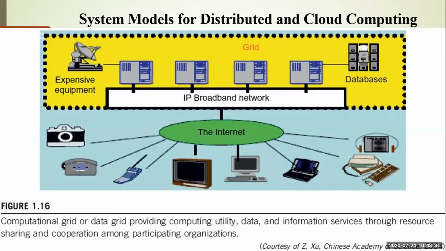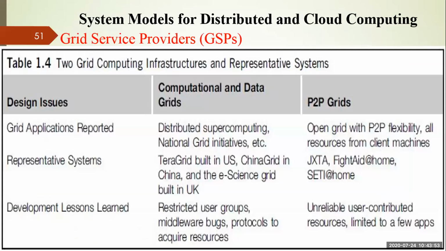If you see such projects, billions of computer systems participate, and these systems do not belong to a particular organization or a particular user. Many people are voluntarily providing services to run this kind of project. Now, there is a difference between the computational grid, the computational and data grid, and the P2P grid.